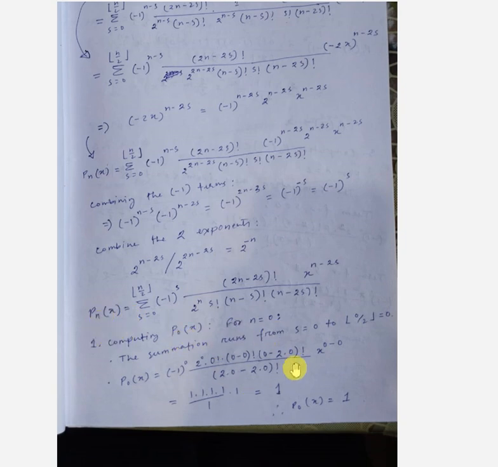Comparing with P0, we can substitute this summation from s equal to 0 to 0 by 2, which will be equal to 0. If we put this in, it will become 1.